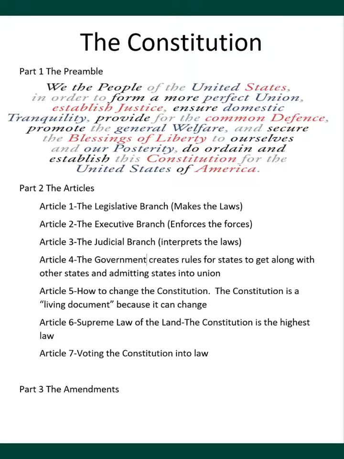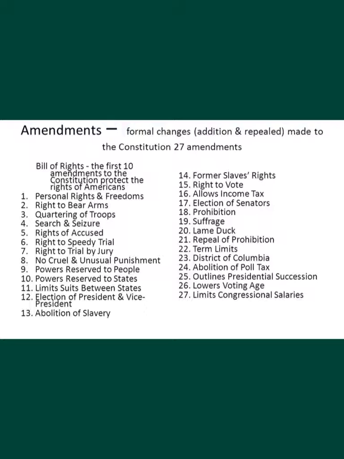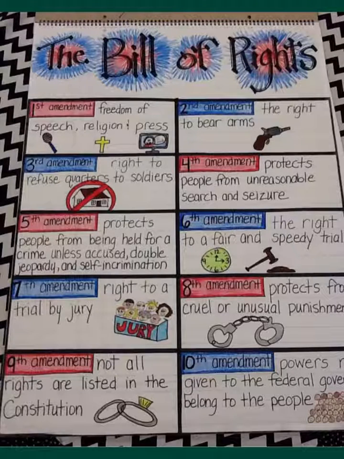And finally, on your paper, write Part 3, the amendments. In total, there have been 27 changes to the Constitution. On your paper, please write underneath Part 3 amendments, there have been 27 amendments total. The first 10 are known as our Bill of Rights.